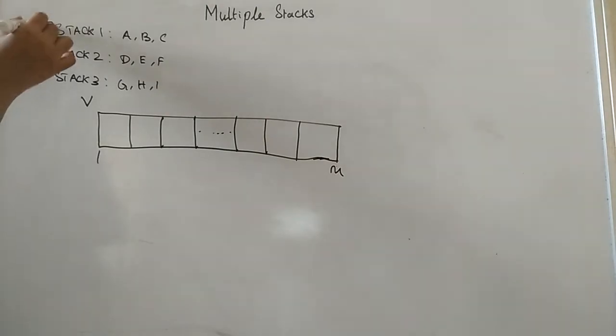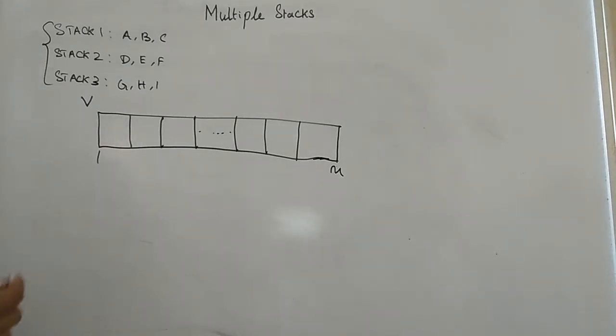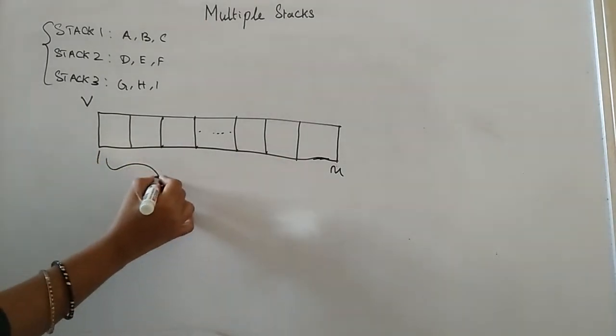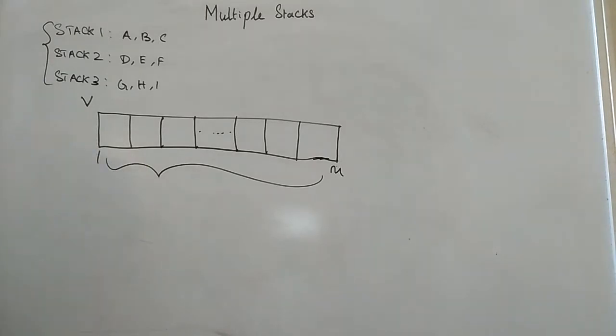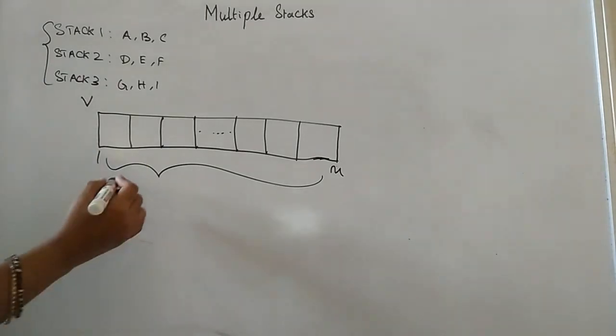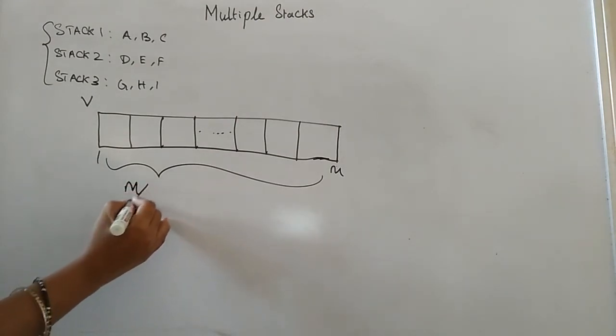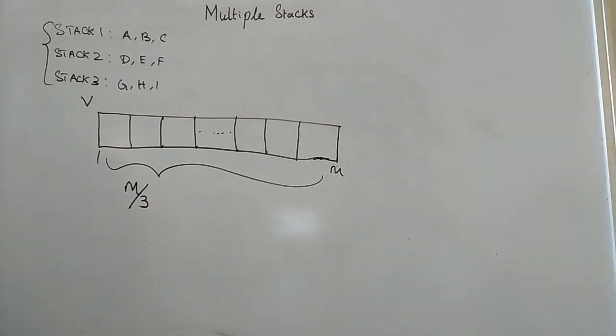But here the situation is I'm having three stacks. So I'm just going to fragment the length of one array into several partitions. Since I'm having three stacks here, I'm going to fragment this array V into three partitions. How can I do it? Simply I can divide the length of my array by 3, so that I will get three partitions.